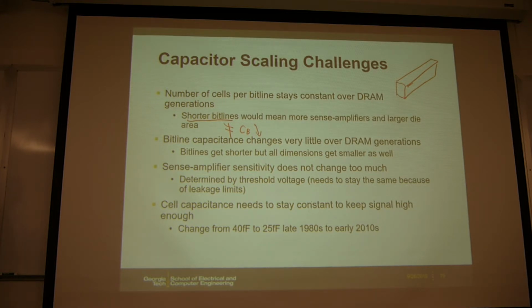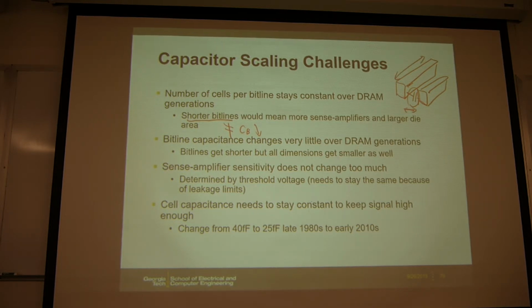But if you are scaling the technology nodes, that means all the dimensions are shrinking. Then bit line to bit line, for example, the distance also shrinks. So you are shrinking this dimension, you are shrinking this dimension.